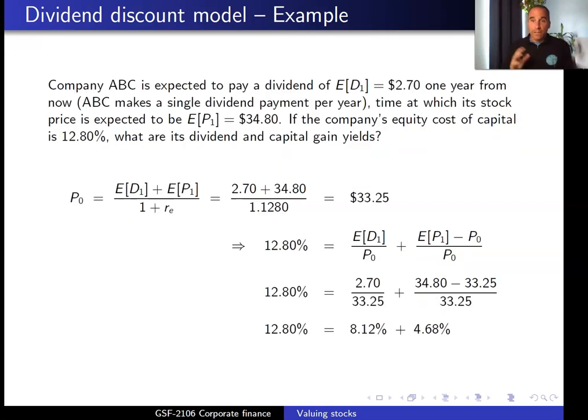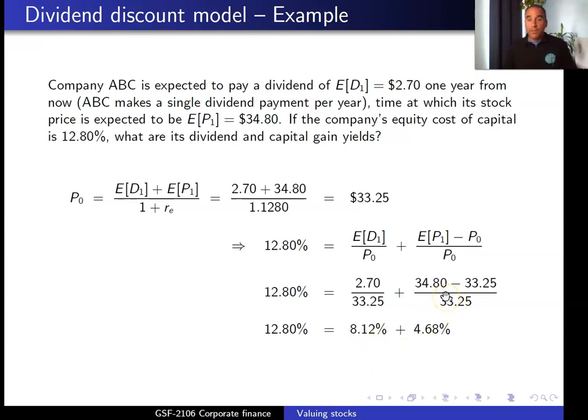Now, if we separate the total return obtained by the stock investor in terms of the dividend yield and the capital gain yield, what do we obtain? The total return of this investment is 12.8%, the equity cost of capital. The company is expected to pay a dividend of $2.70, which provides the investor with a return of 2.70 divided by the price paid for the stock today, which gives a dividend yield of 8.12%.